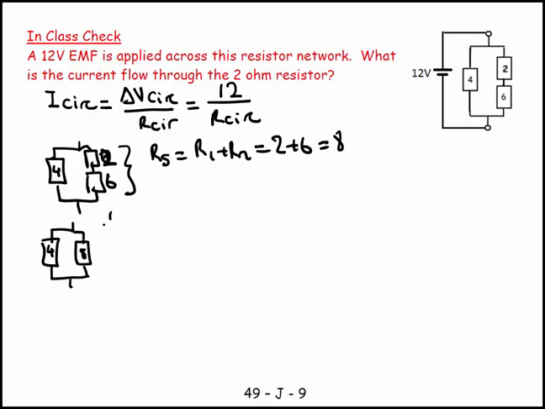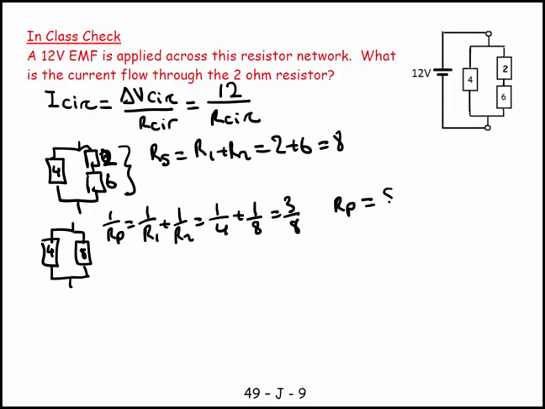And I say 1 over R parallel is equal to 1 over R1 plus 1 over R2, which equals 1 over 4 plus 1 over 8, which equals 3 over 8. So R parallel is equal to 8 over 3, which equals 2.67 ohms.